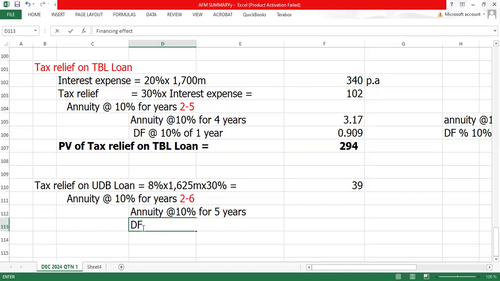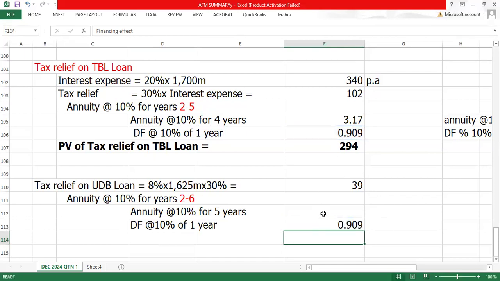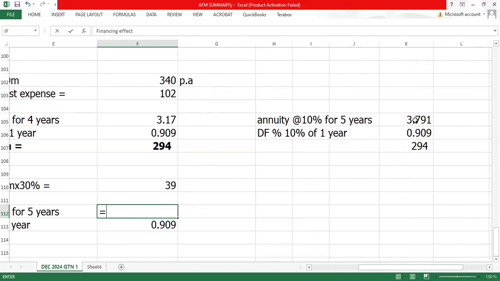It's not annuity, but even if you use annuity, as long as it is for 1 year, it's also not wrong. This is the discount factor at 10%, but for year one. Already this one I have. What is this one of year 5? We had seen it somewhere. I think it was from the question.